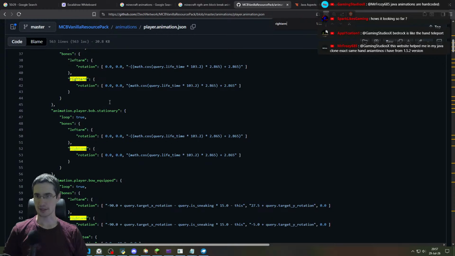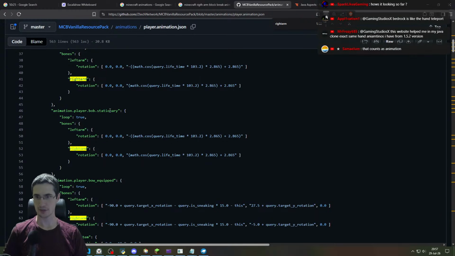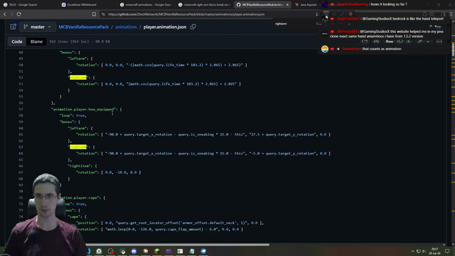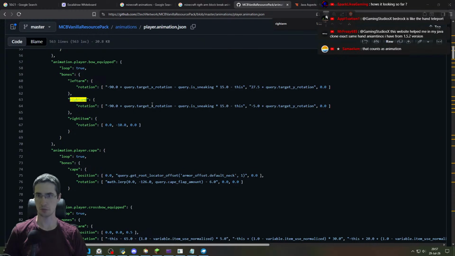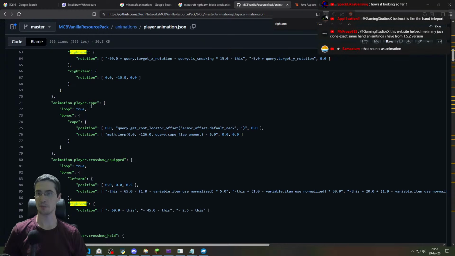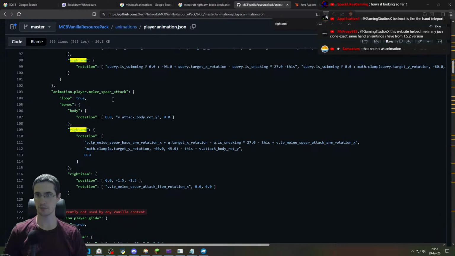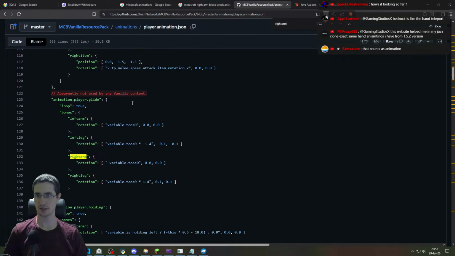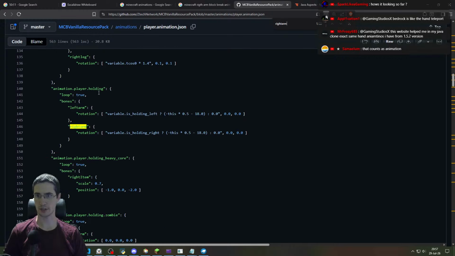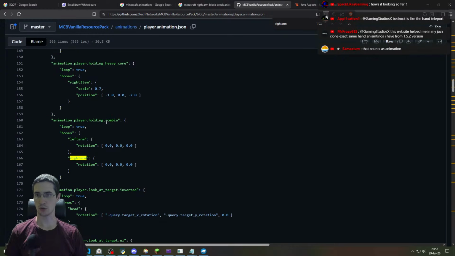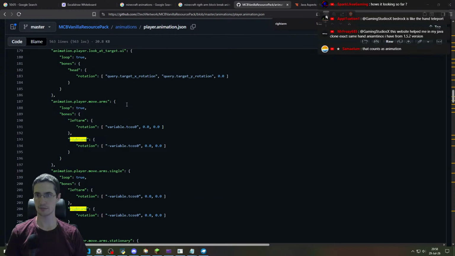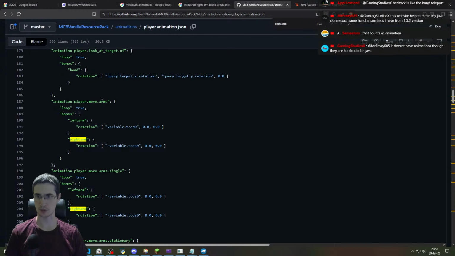Do we have anything helpful here? Stationary, bow equipped, player cape, crossbow equipped, melee spear attack, player holding, move. This is movement.